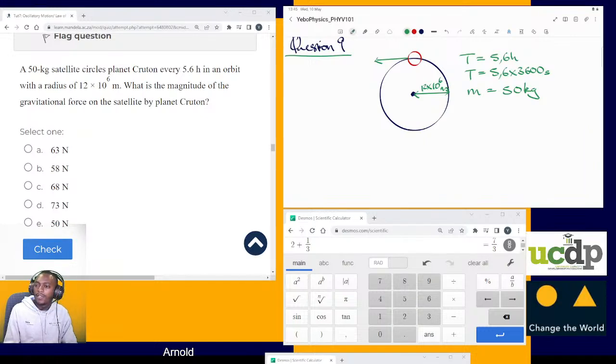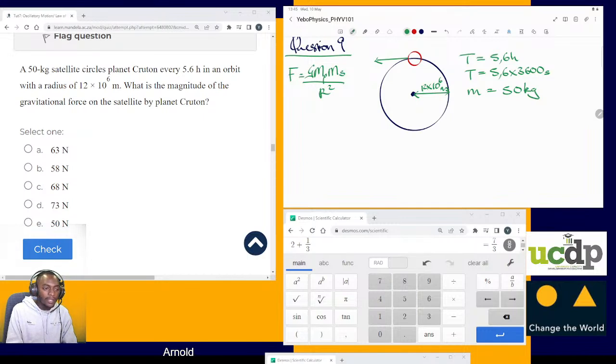So this is the center of our planet, and we should remember that F, due to two point masses, is equal to G times the mass of the planet times the mass of the satellite over r squared.